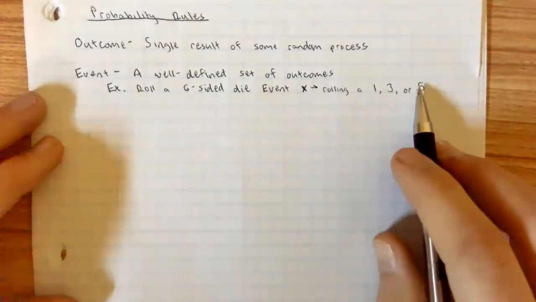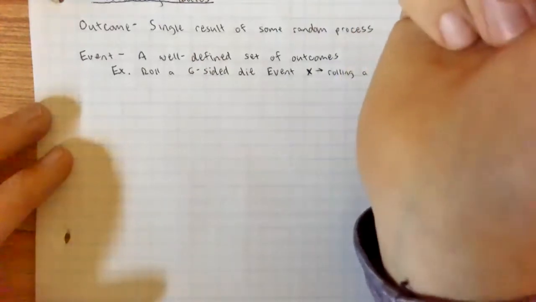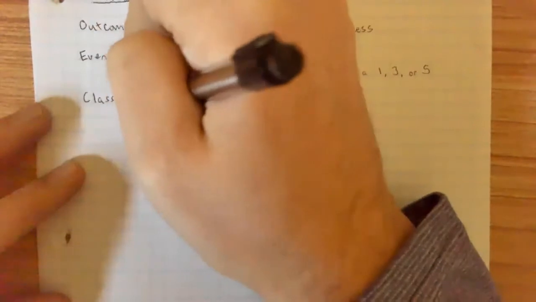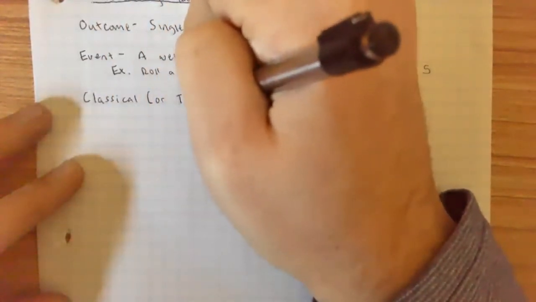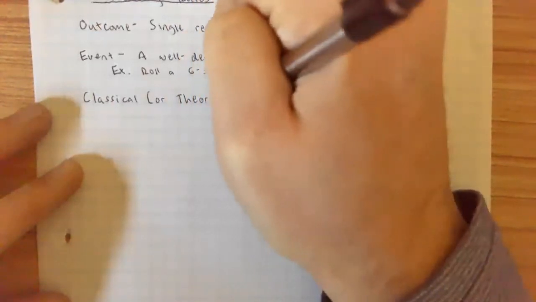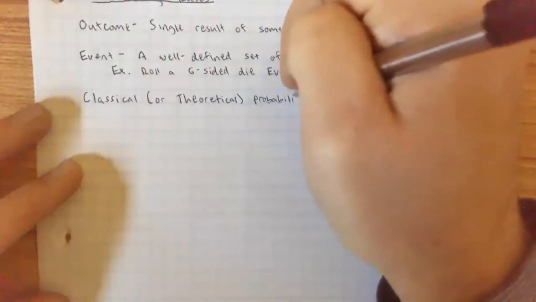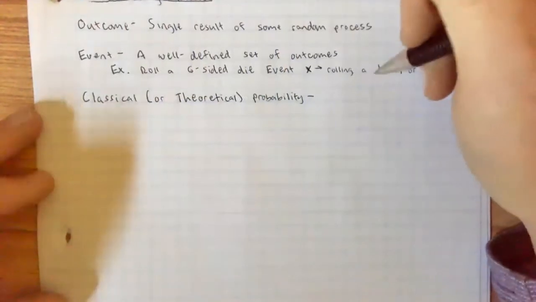That's really it. What we're doing today is not looking at probability as a long run relative frequency. We're looking at the classical definition of probability, sometimes known as the theoretical definition of probability. This is going to allow us to answer questions without having to perform simulations or countless amounts of trials.